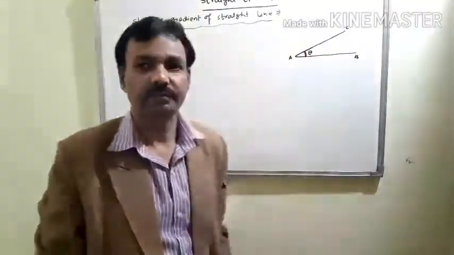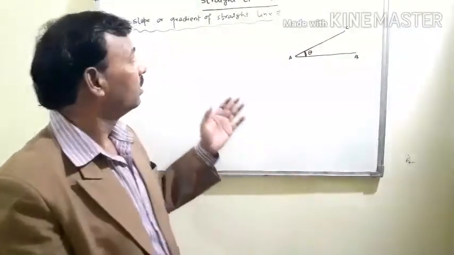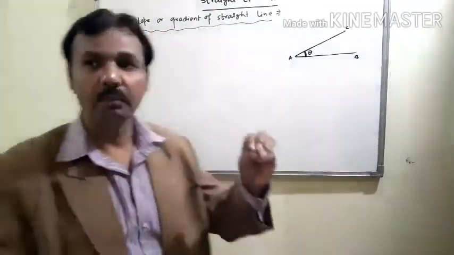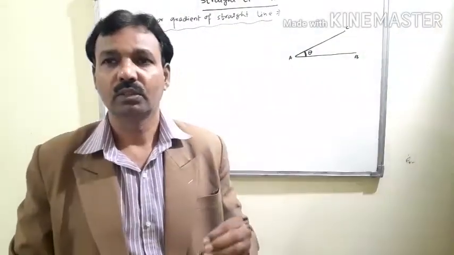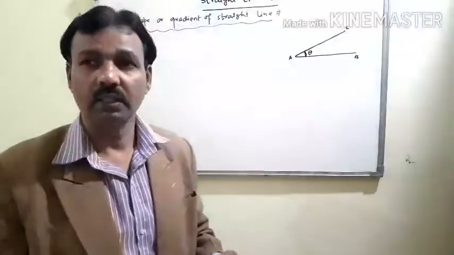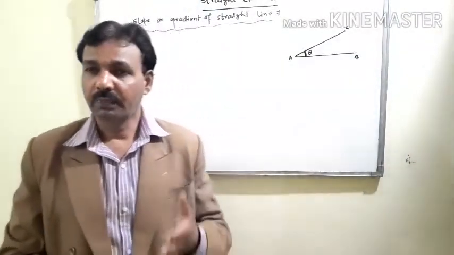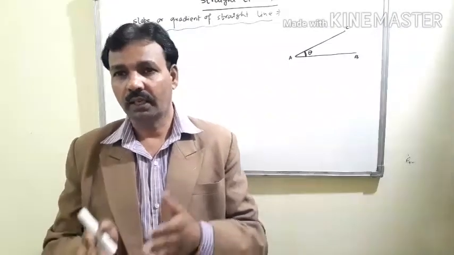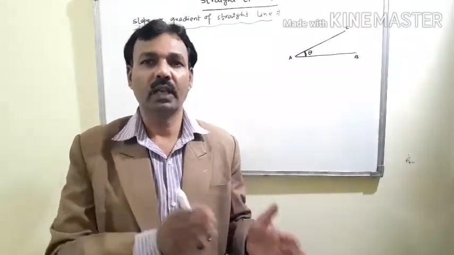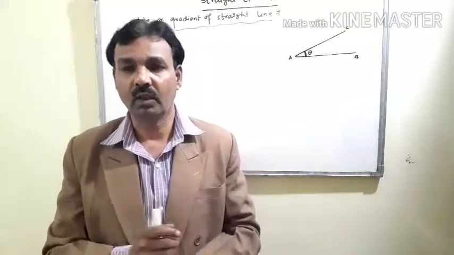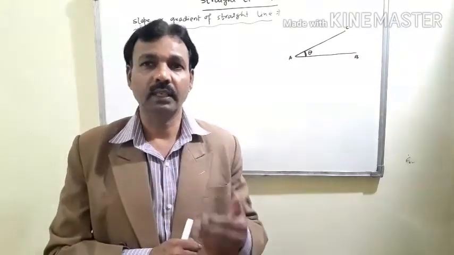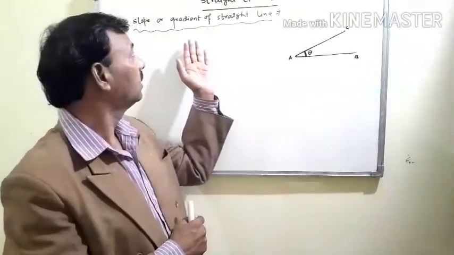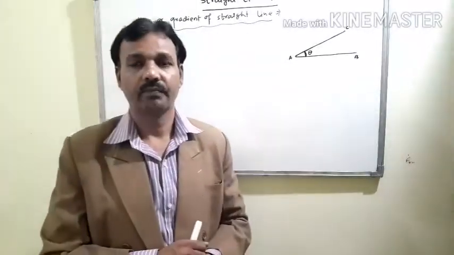Now we will discuss how to find the slope and what the mathematical definition of the slope is. Slope is nothing but this: if a line forms an angle with the x-axis in the positive direction, that means in anti-clockwise, then the tangent of that angle is known as the slope or gradient of the straight line.